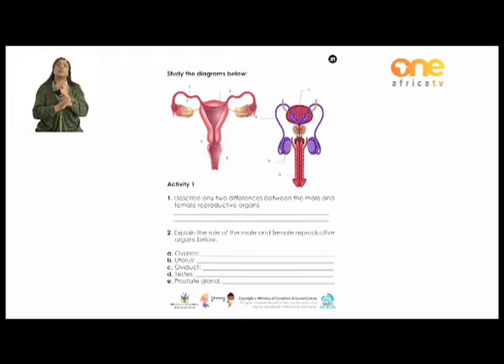So you look at the diagrams and then you describe any two differences between the male and female reproductive organs. And at number 2, you explain the role of the male and female reproductive organs below. A is the ovaries, B, uterus, C, oviduct, D, testis, and E, the prostate gland.